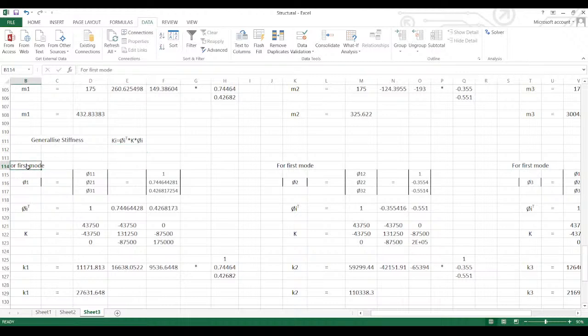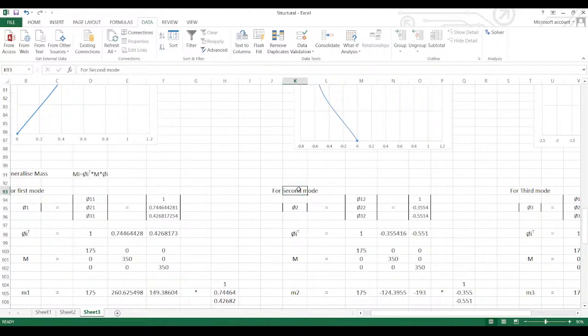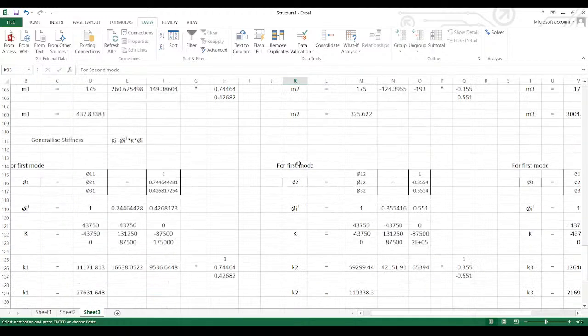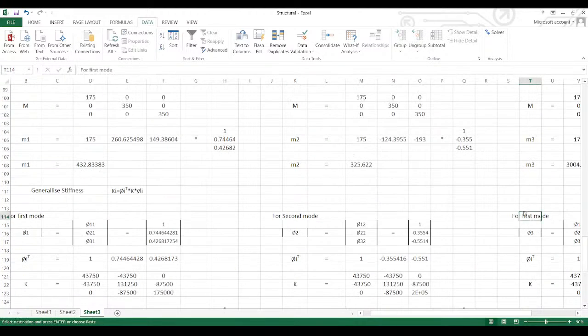This is for the first mode, and this is for the second mode, and this is for the third mode. First mode, how we calculate.